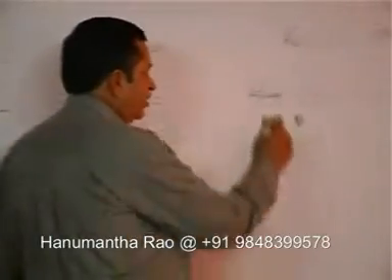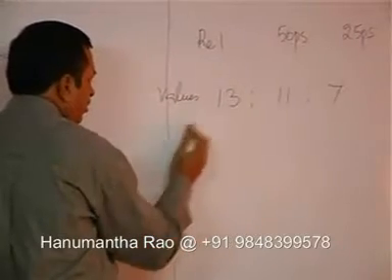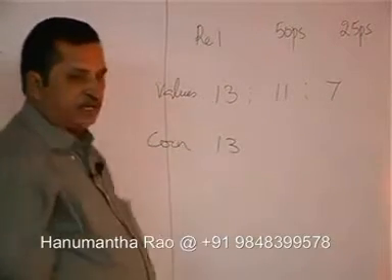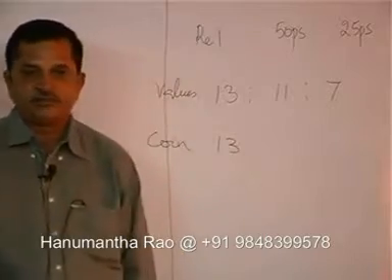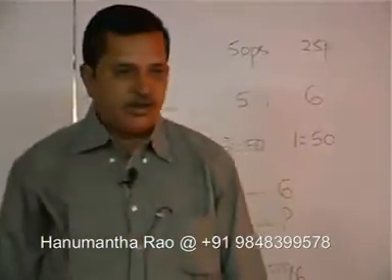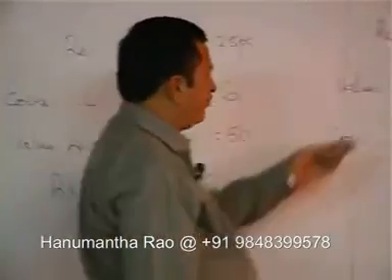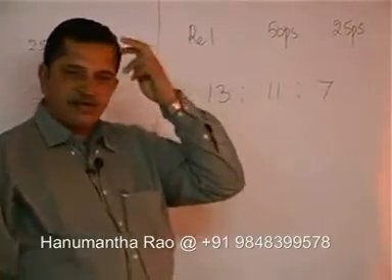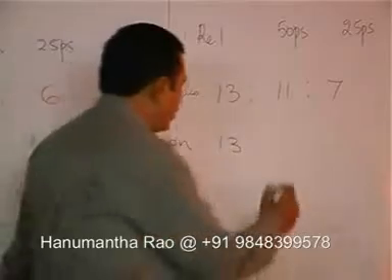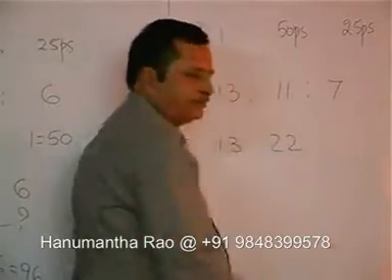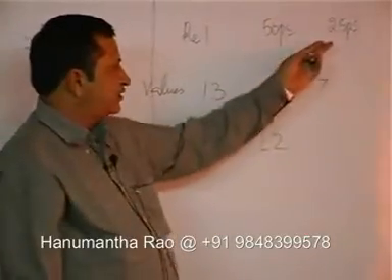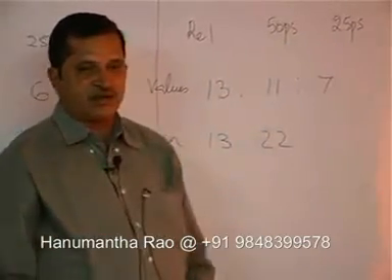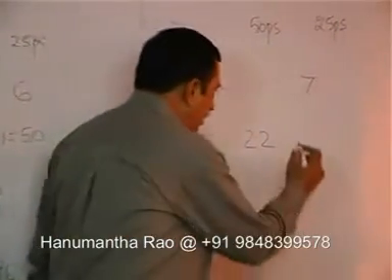See, 1 rupee value is 13 means you are getting 13 coins. 50 paise value is 11 means you are getting 22 coins. 25 paise value is 7 rupees means 28 coins you will get.